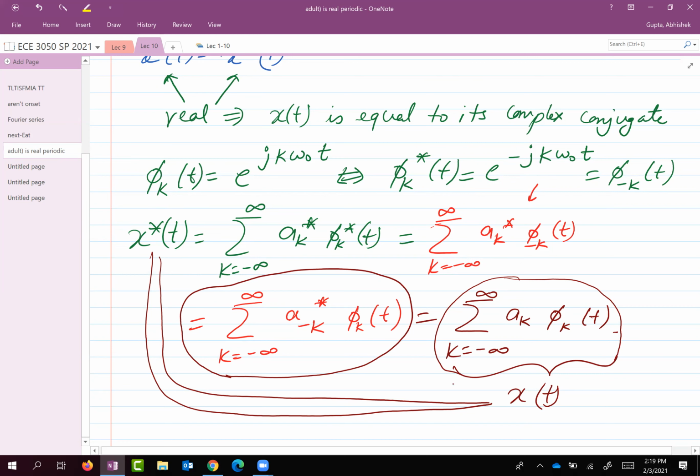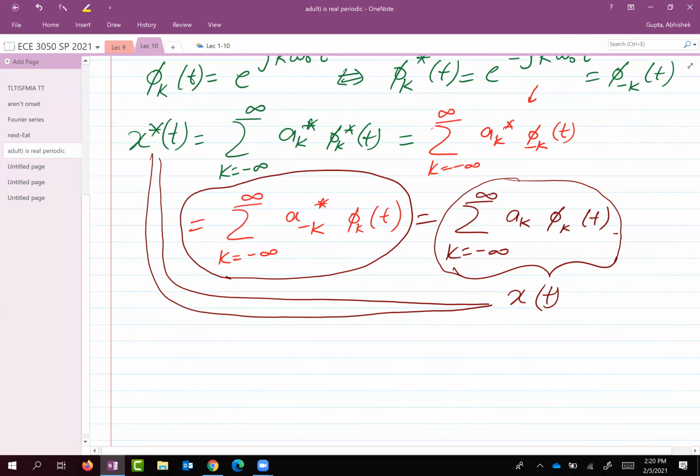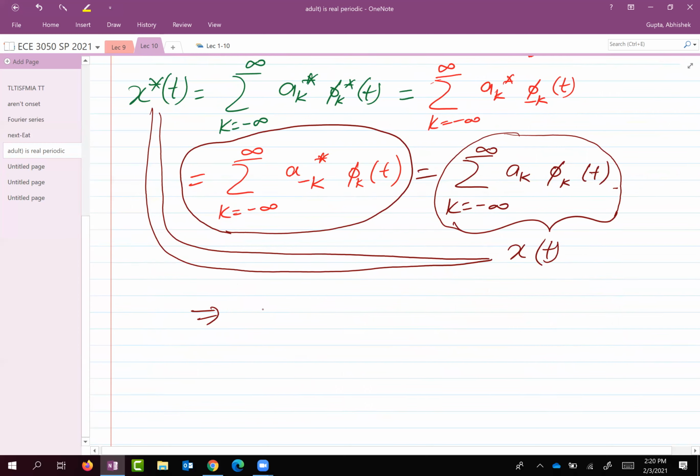And so what do I notice here? Phi k of t is common in both sides. But I have a k on one side and a minus k star on the other side. So this would imply that my a k must be equal to a minus k star.